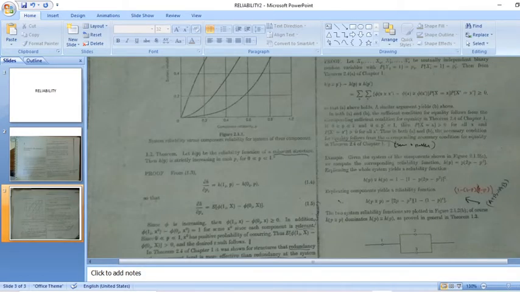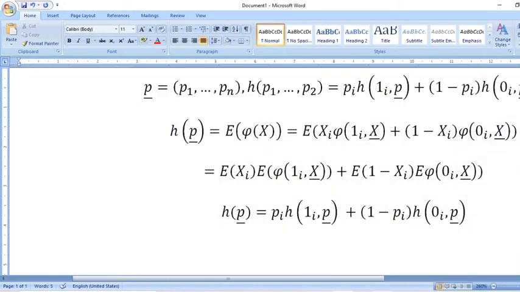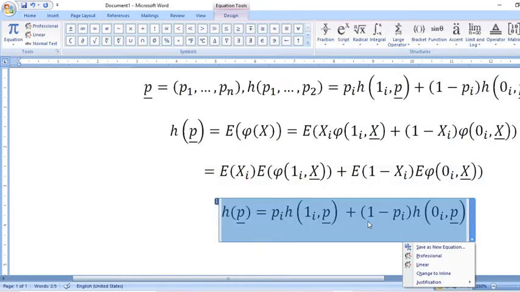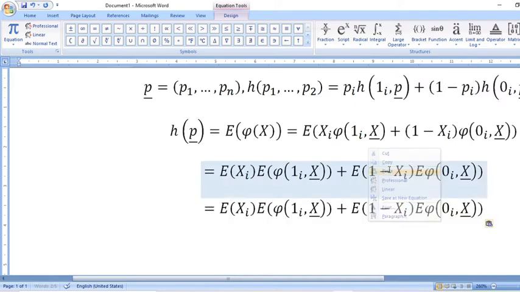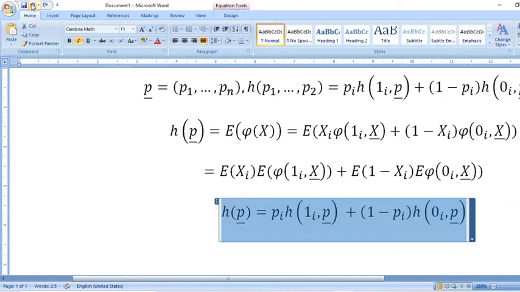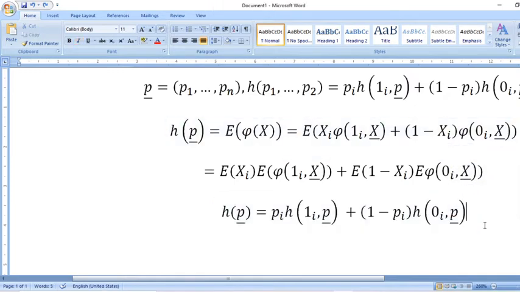How can we prove the nature of a function, whether it is increasing or decreasing? We have to take the derivative and check whether it is positive or negative. If the first derivative is positive, the function will be increasing. If the first derivative is negative, the function will be decreasing.